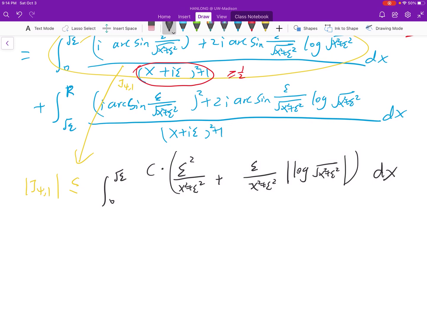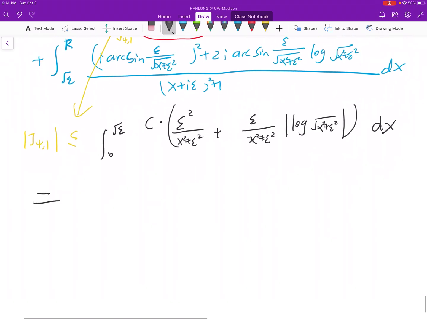Okay, now let's use substitution. Let x equal square root epsilon times y.